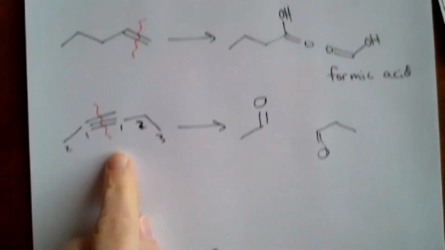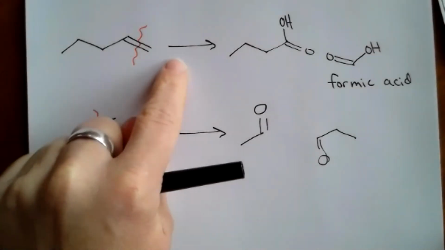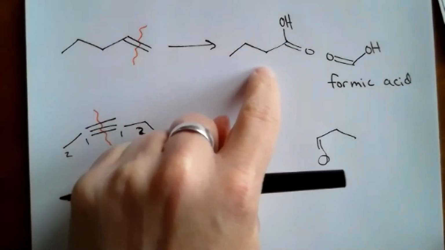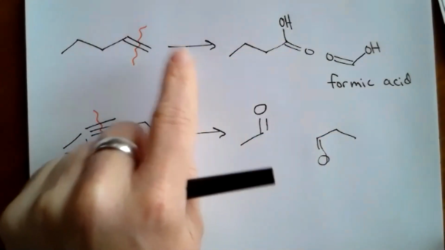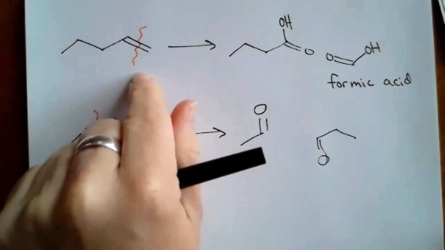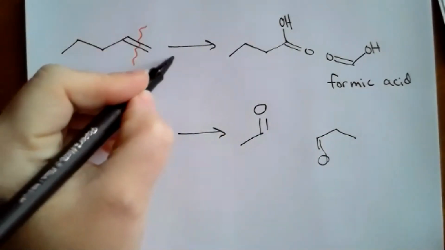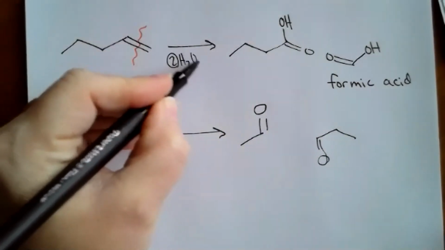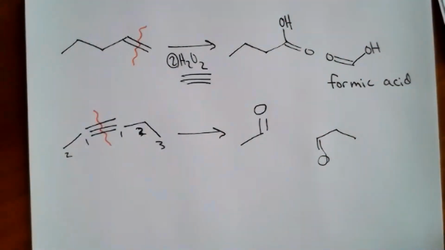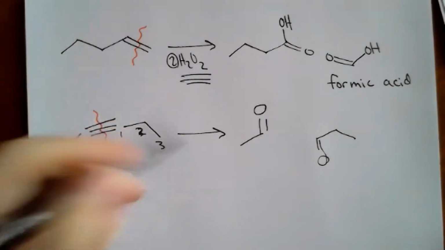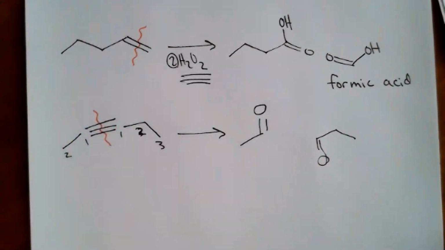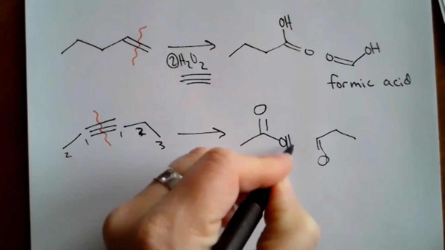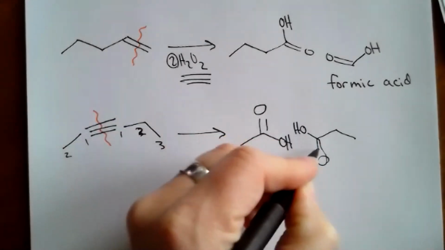The only thing that's different between alkenes and alkynes: an alkene only turned into a carboxylic acid because you were doing oxidative workup. Remember, that step is important, oxidative workup. For an alkyne, you are always going to turn your chopped pieces into carboxylic acids.